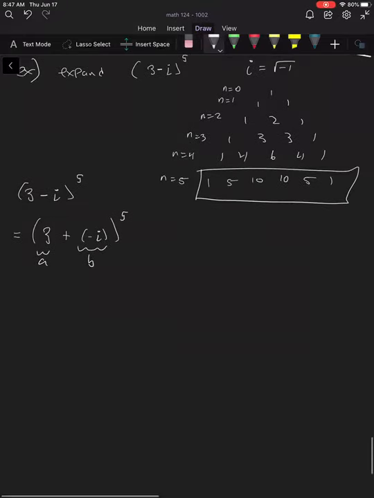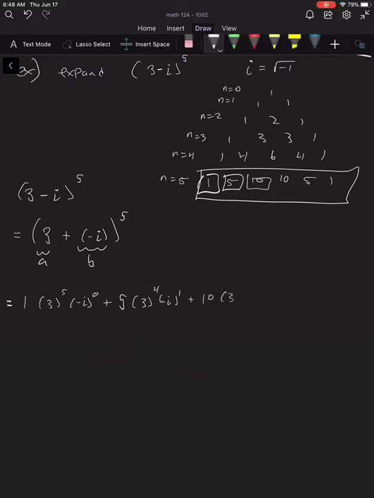So we're going to start doing Pascal's triangle. So the first thing in the row, 1, so we write down a 1. Then it's always the first piece to the power, so 3 to the 5, the second piece to 0, plus the next number, which is 5. Then we have 3 count down now. So now it's 3 to the 4th, and then the other one we count up, so 1. Then we have a 10. 3 to the 3, minus i to the 2.